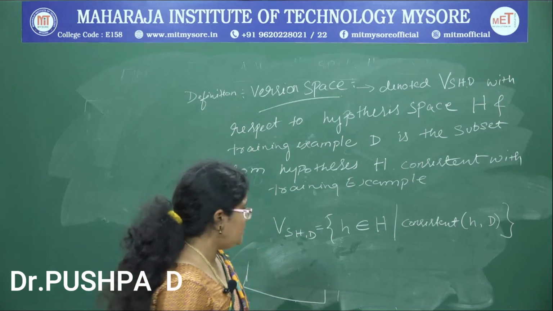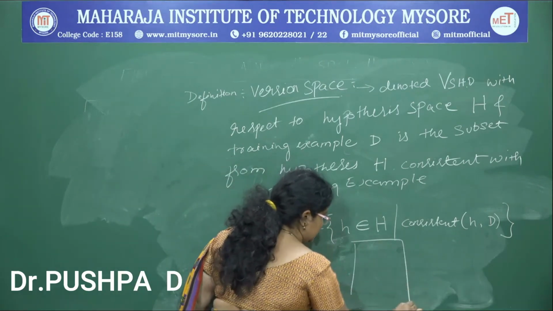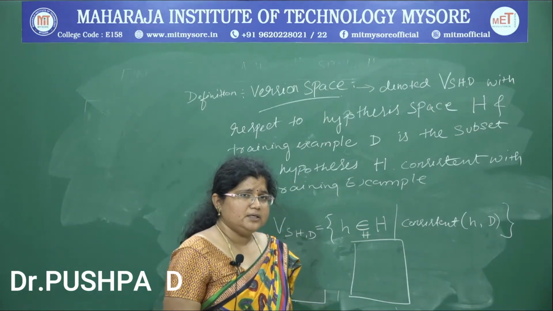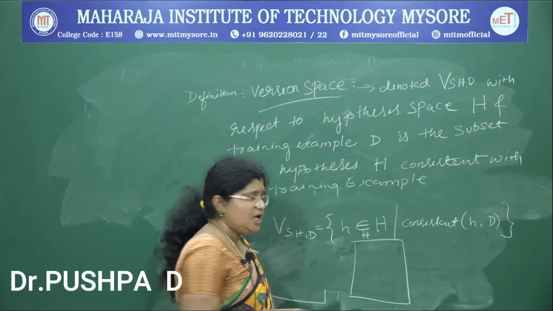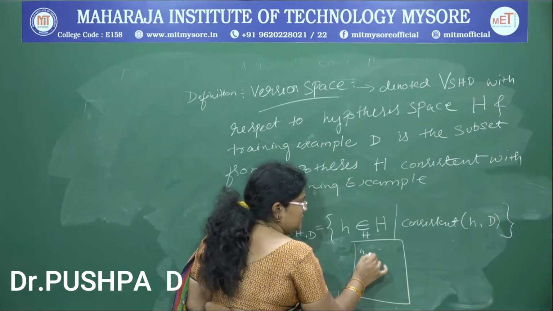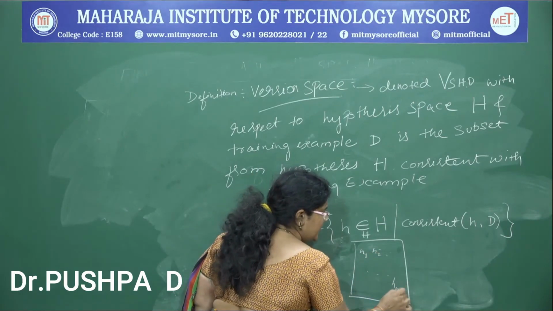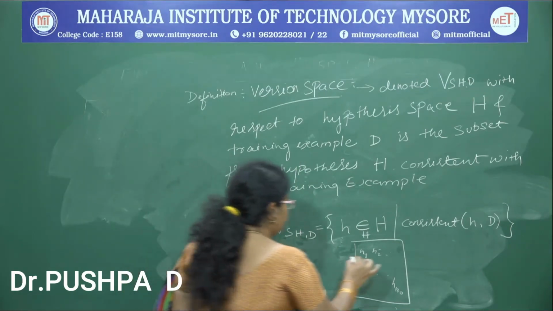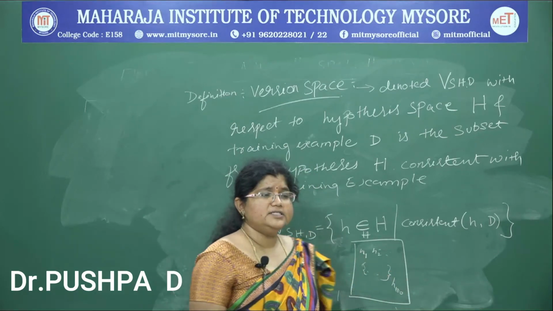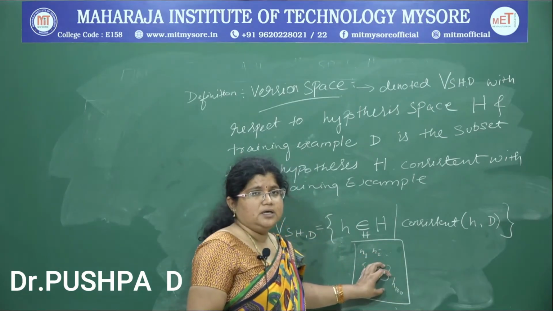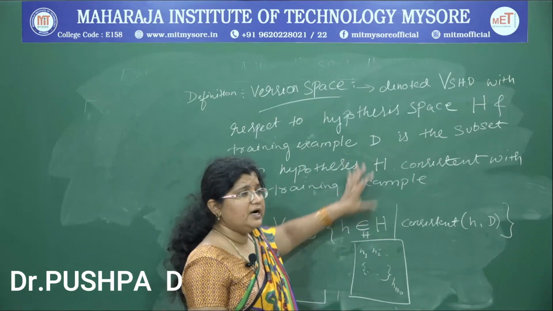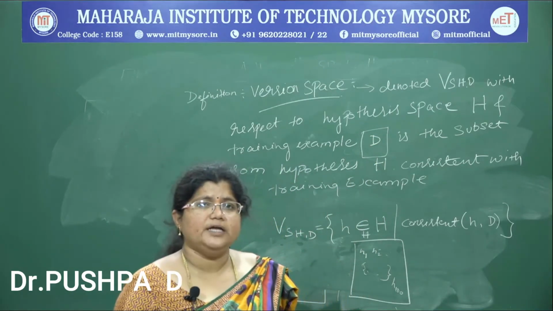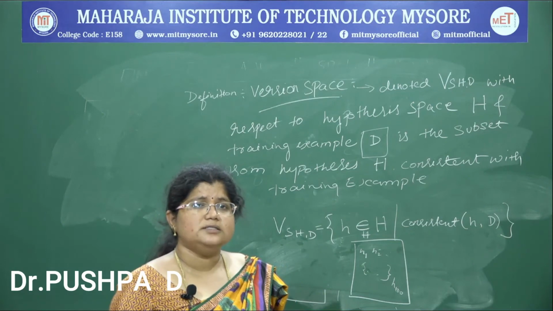Just think of it this way: you have a hypothesis space H, capital H. Inside that hypothesis space there will be n number of hypotheses, H1, H2, up to H100, say 100 hypotheses, but only a few of them, a subset of these hypotheses, are going to be consistent with D, where capital D indicates the training data set.